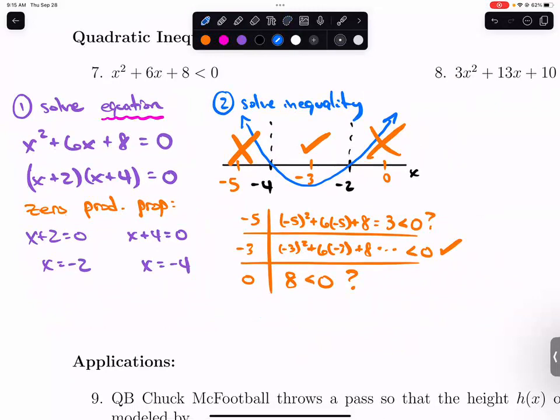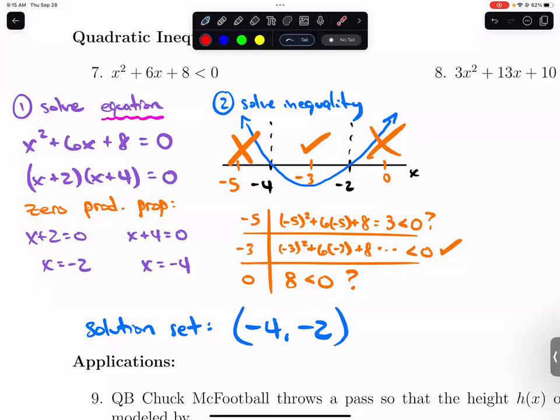So actually check all the intervals. But then our solution set, everywhere that was true, well, that was true between -4 and -2, and brackets or parentheses. Parentheses because strictly less than, not less than or equal to, so it's not included, right? So open interval.